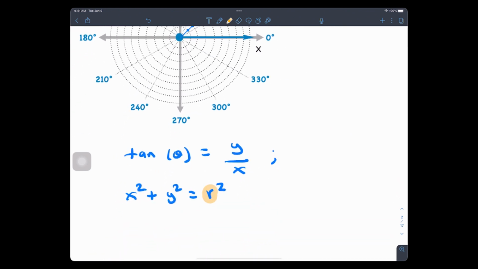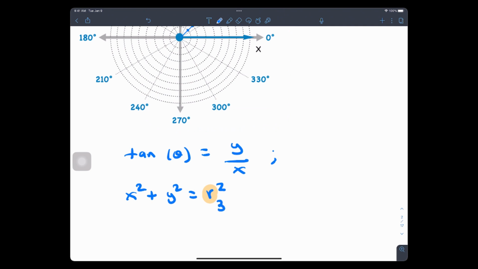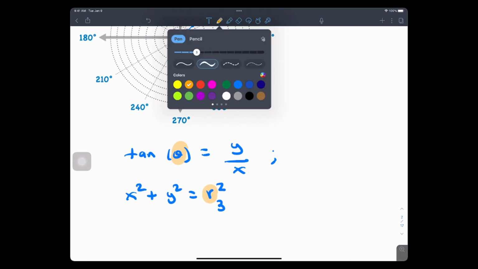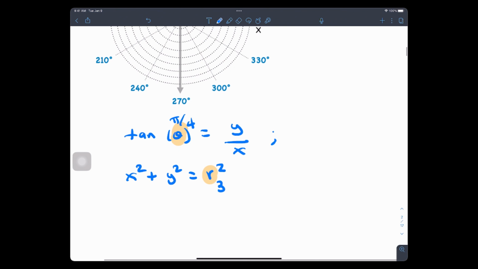Here's my r. There's going to be a 3. And then your theta is what? Pi over 4. So what this says is y equals x tangent pi over 4.